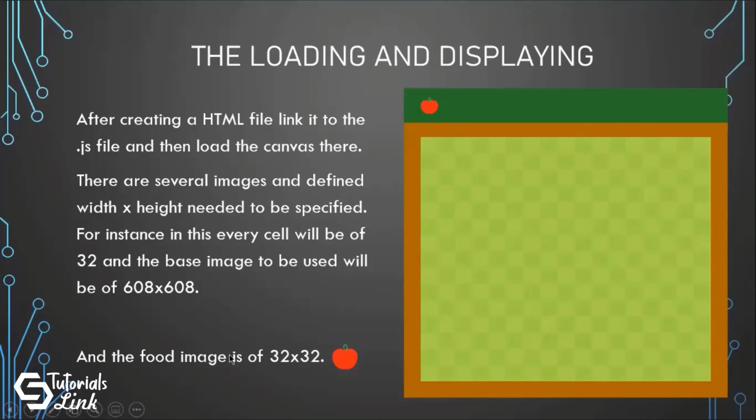And the food image which I will use is 32 by 32. So if the image is loaded anywhere on this ground, it will take 32 by 32 space on the ground, right? This is the gist of how loading and displaying will function.